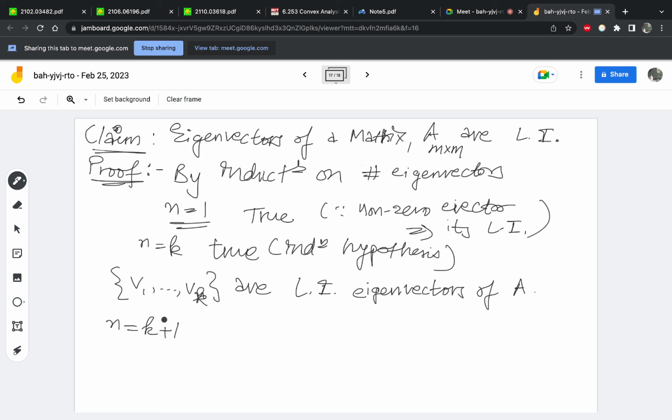This is the induction step. What we are given is v1 to vk, and vk plus 1. Say that they are not linearly independent.